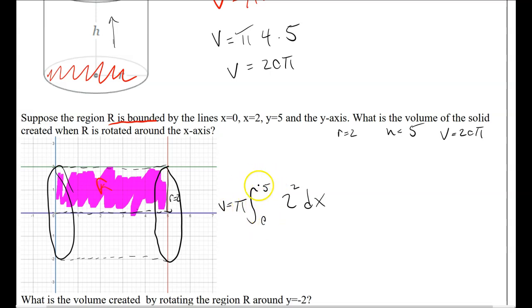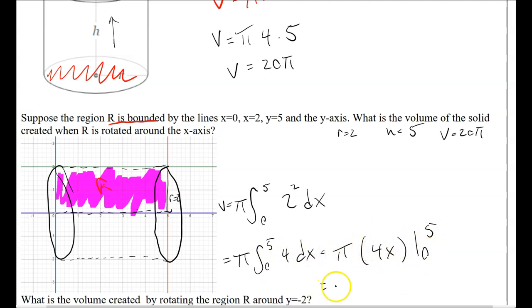So here's pi, here's my height as my integral, and then my r squared is the function that I'm using. Let's integrate this and see what we get. My pi can just chill out, and the integral of 4 is, of course, 4x. Then if I plug that in, I get pi times 4 times 5 minus 4 times 0, which of course gives me 20 pi again.